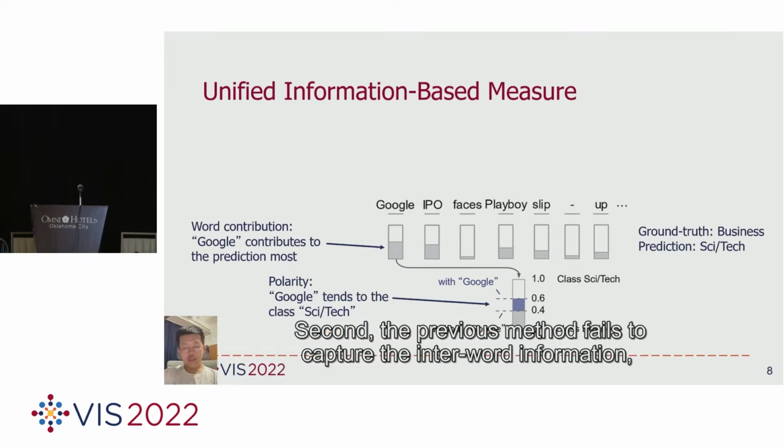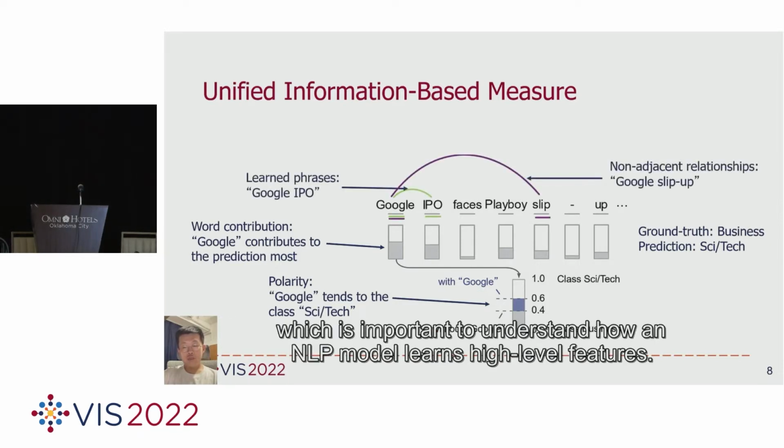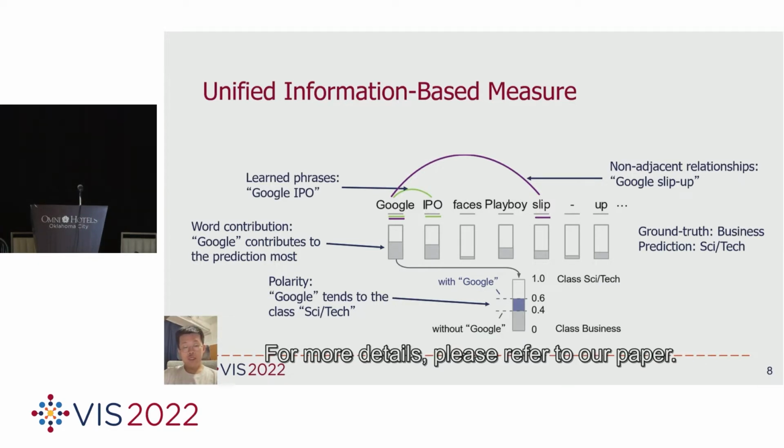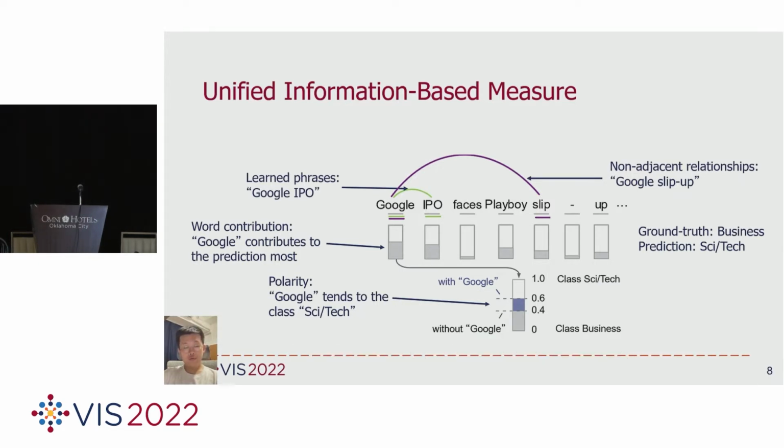Second, the previous method fails to capture the interword information, which is important to understand how an NLP model learns high-level features. We proposed two methods to extract the learned phrases and non-adjacent word relationships, respectively. For more details, please refer to our paper.